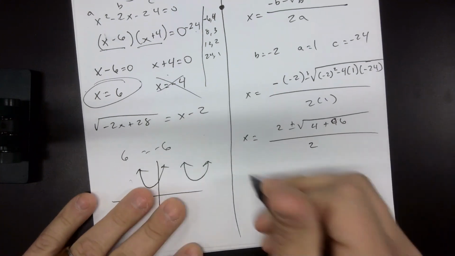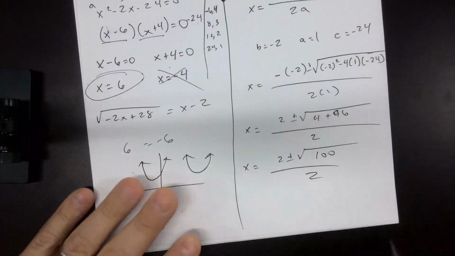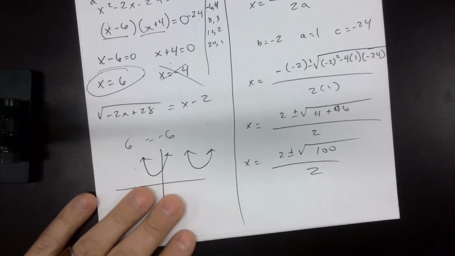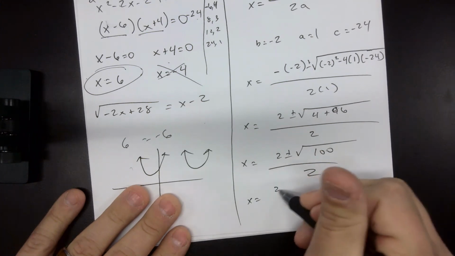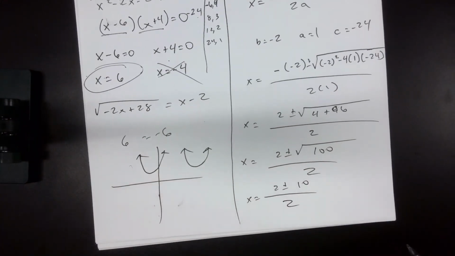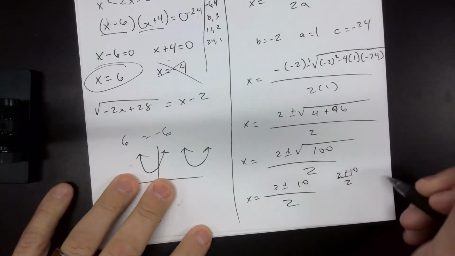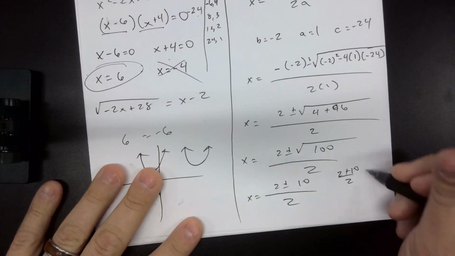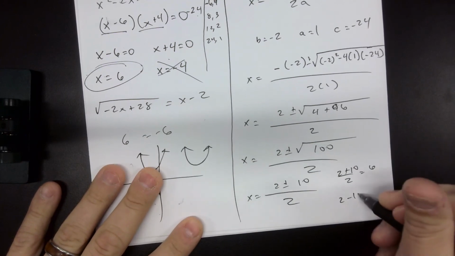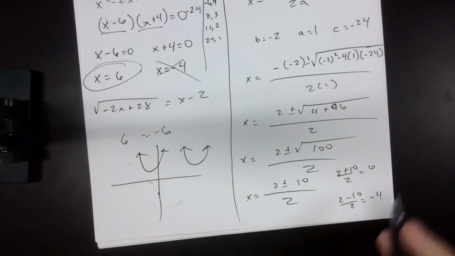Over 2, which gives us x equals 2 plus or minus the square root of 100 over 2. What's the square root of 100? 10. X equals 2 plus or minus 10 over 2. So you have two different equations because we have two possible answers. 2 plus 10 over 2 gives you 6. And 2 minus 10 over 2 gives you -4. Which answer is right?